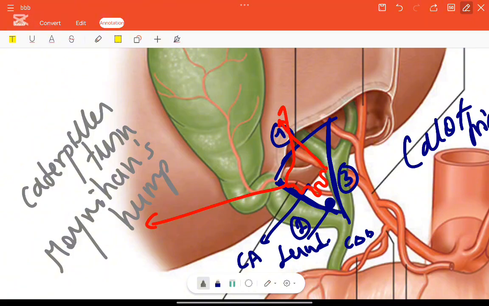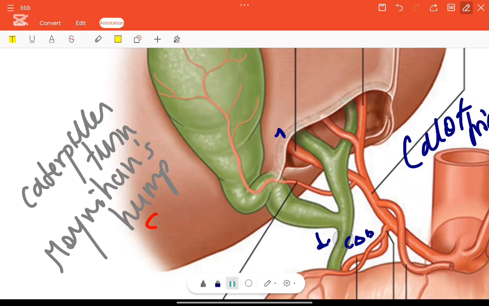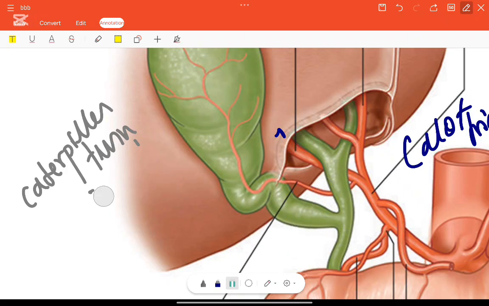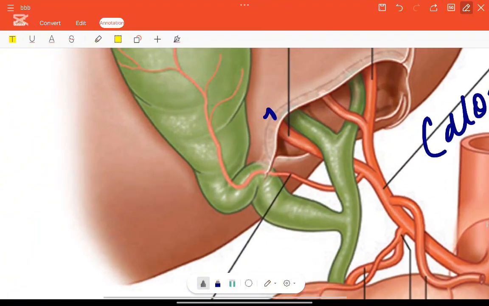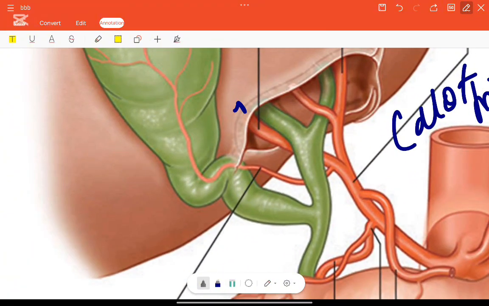This region is full of questions in the exam. Actually, to be strict, there are 2 triangles here. The original description of Calot's triangle is actually cystic artery, that's one border, common hepatic duct, and cystic duct.